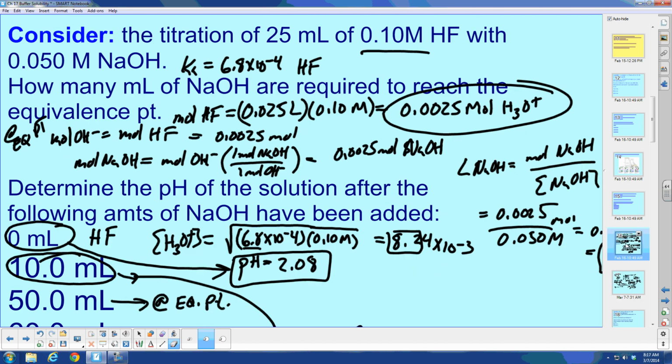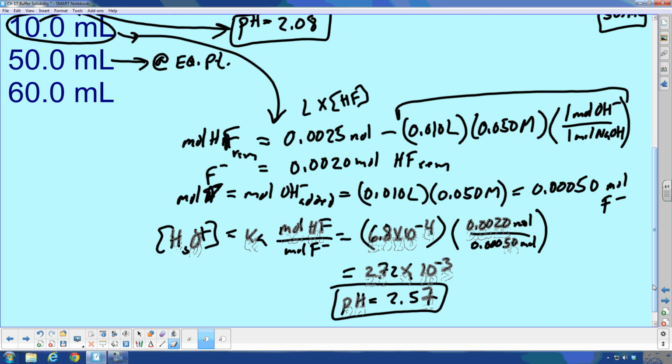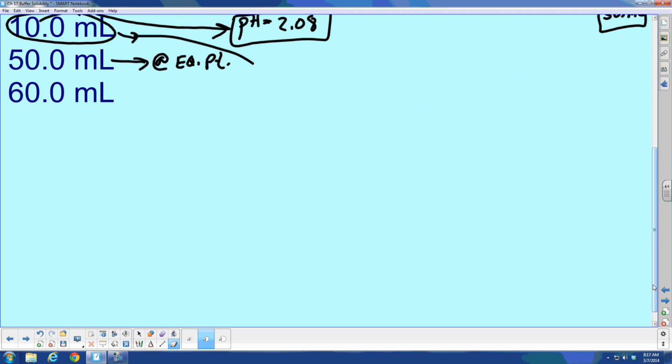Let's answer this then. I'm at my equivalence point. Let's get rid of that beautiful piece of work. A masterpiece. And let's just answer my question right here. We have calculated that 50 mL is my equivalence point. My moles of conjugate base equal the moles of, excuse me, we're working with F minus now, aren't we?